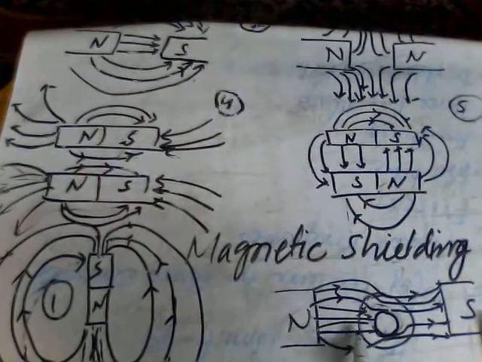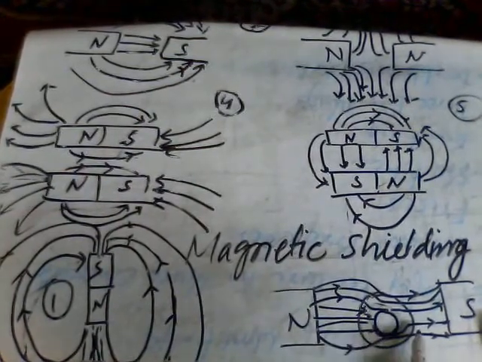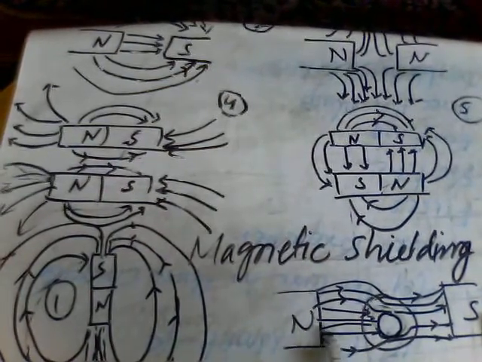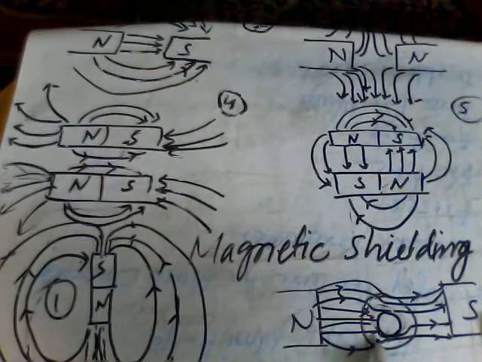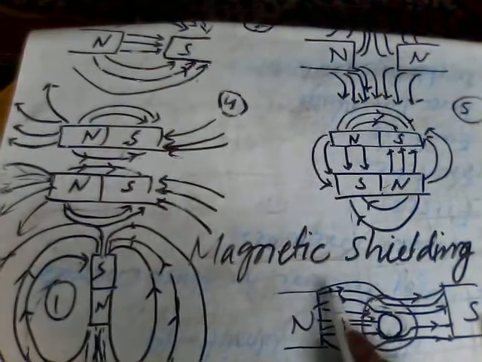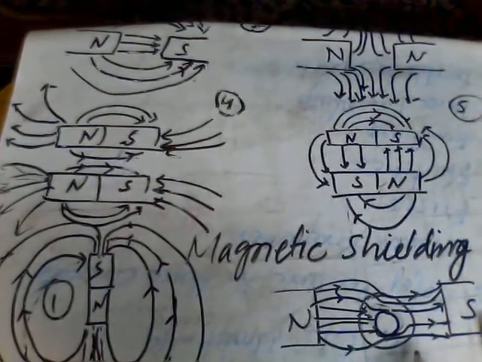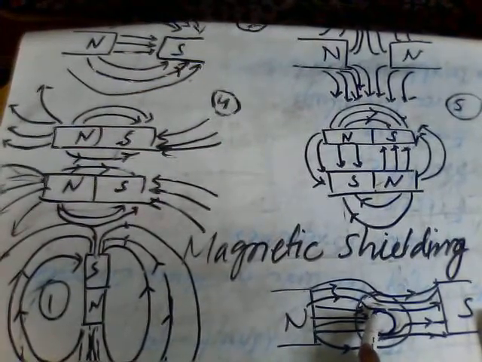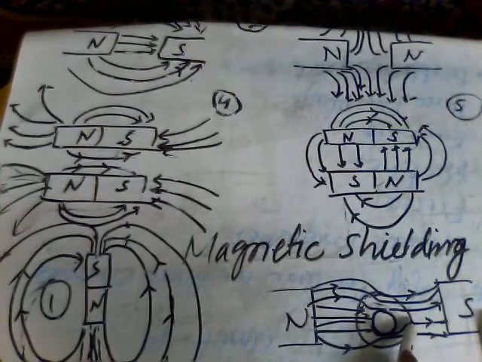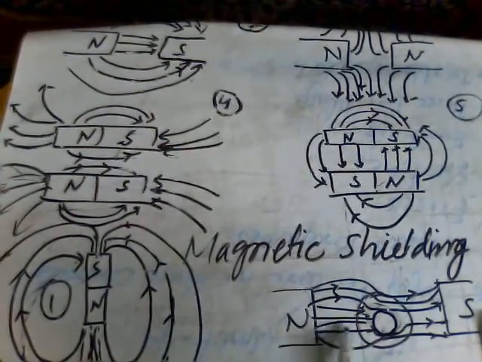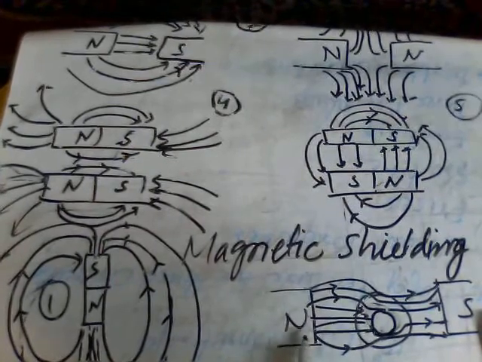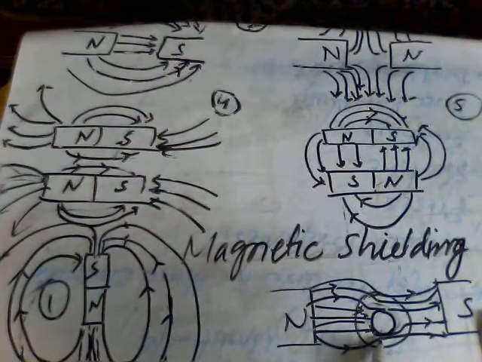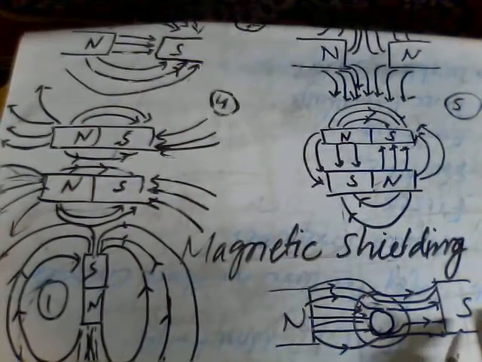So all these lines of force will pass through this disc, but here the pattern will change a little. They will not move straight; they will move toward this because it has the effect of the south pole. Therefore they will be attracted by this shield, and all the magnetic lines of force will pass through this disc and move toward the south pole.